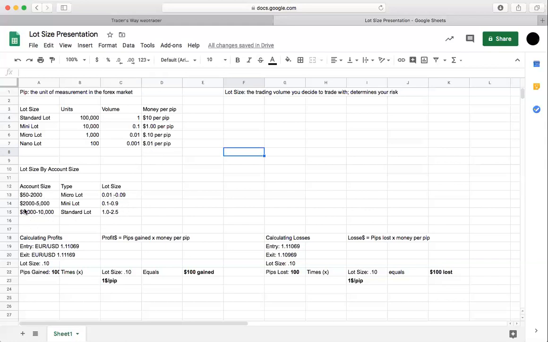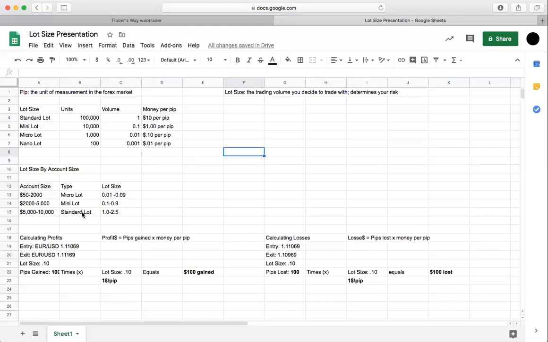If your account size is between 2,000 and 5,000, now you can come up to the mini lots, right? Mini lots are between 0.1 lot size and 0.9 lot size, which means that would be $1 per pip all the way up to $9 per pip. And then if your account size is between $5,000 and $10,000, or really just anything more than 5,000, then you can graduate up to the standard lot, right?